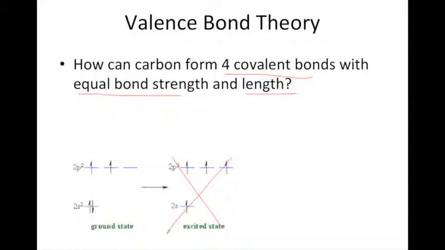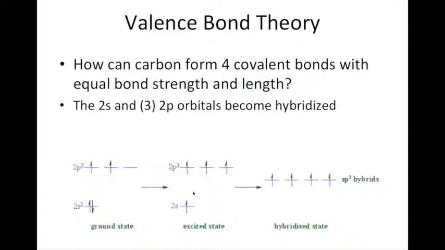So what valence bond theory says is that our atomic orbitals undergo hybridization, or they become hybridized. So in the bonding process, our atomic orbitals, these 4 atomic orbitals, all combine together and form 4 brand new atomic orbitals. And we call these hybridized orbitals.